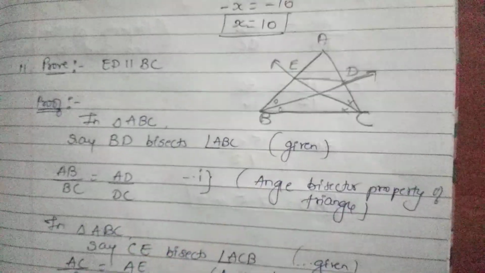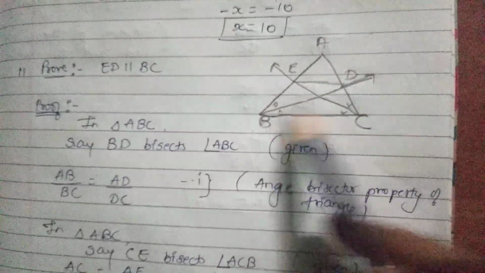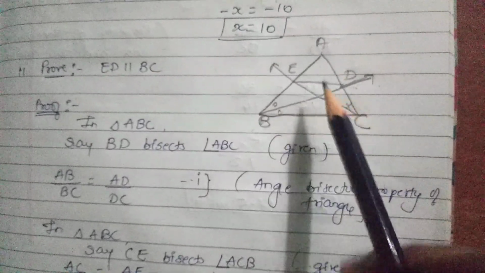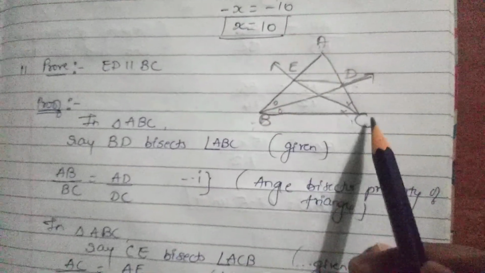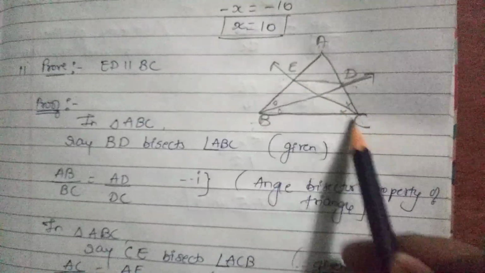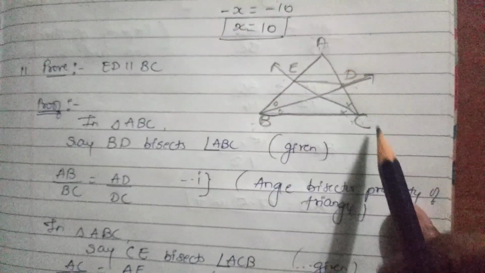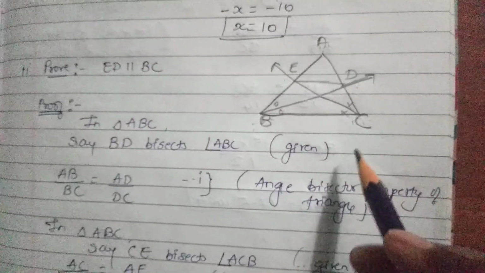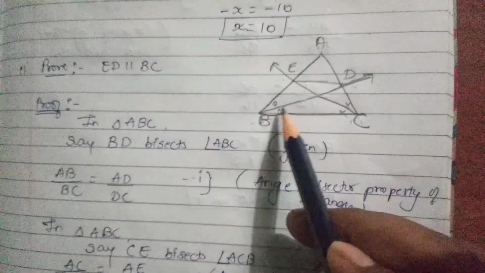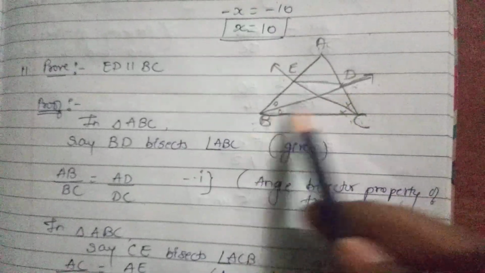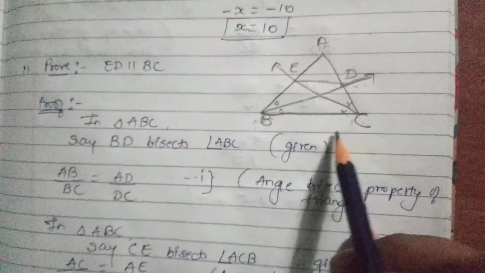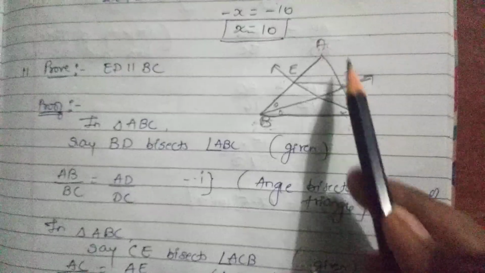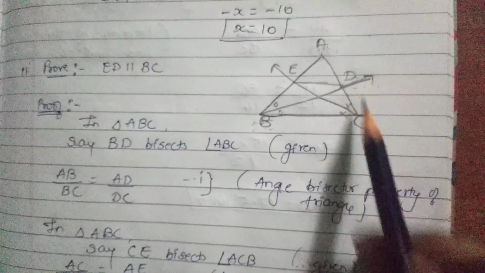Okay, triangle ABC, BD is the angle bisector of ABC and CE is the angle bisector of ACB. By using the angle bisector property, BD is the angle bisector of ABC, so AB upon BC equals AD upon DC.